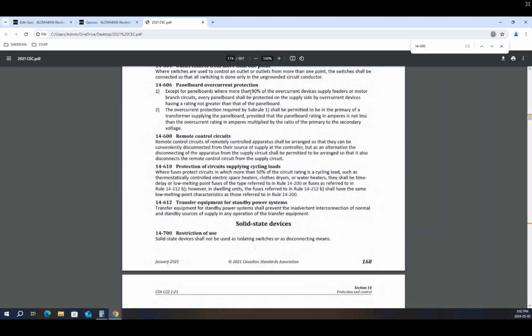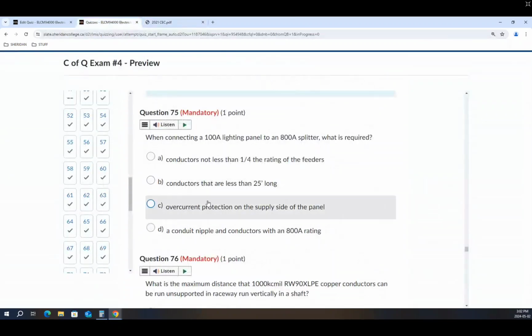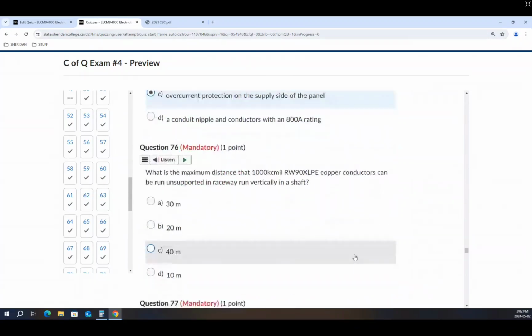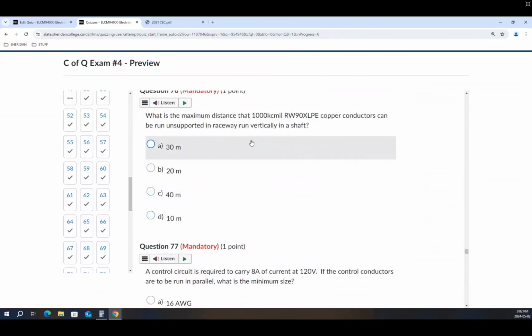Panel board overcurrent protection. Except for panel boards with more than 90% of the overcurrent devices, supplies, feeders, or motors, every panel board shall be protected on the supply side by overcurrent devices having a rating not greater than that of the panel board. So overcurrent protection.